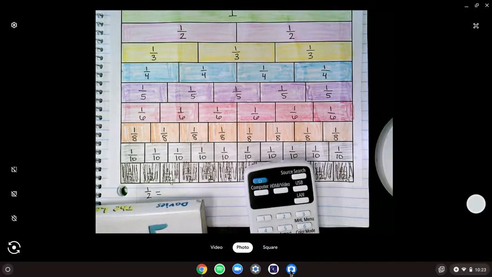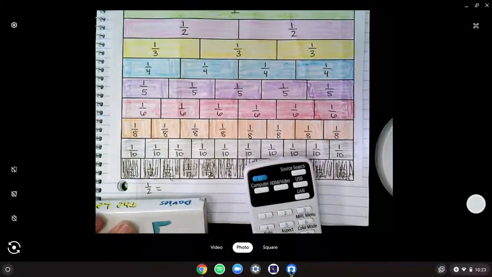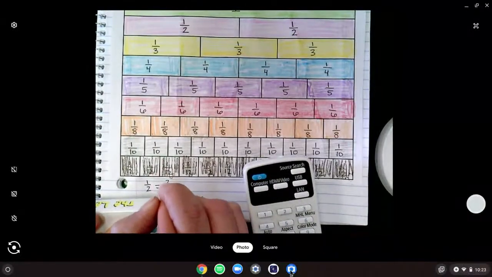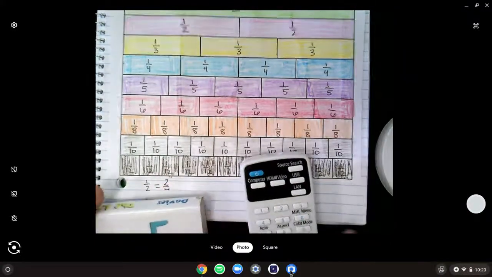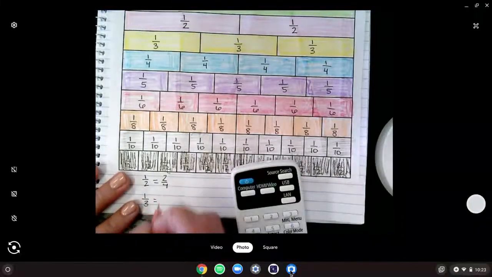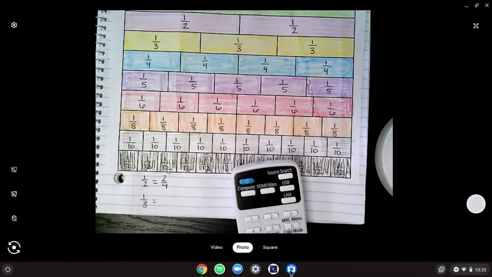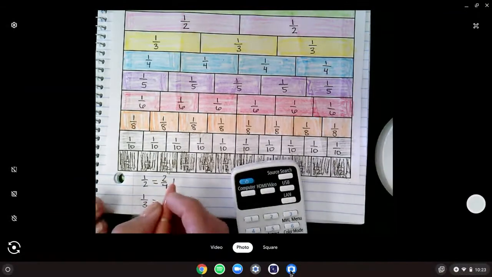How can we say 1/2 is equal to, what is 1/2 equal to? 2 4ths. We want an equal sign. Remember, that means that they are equivalent. They cover the same amount of space.